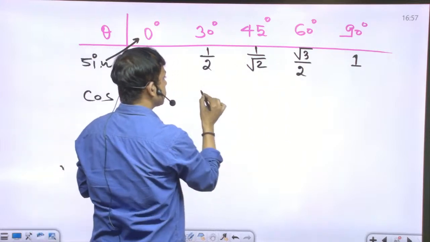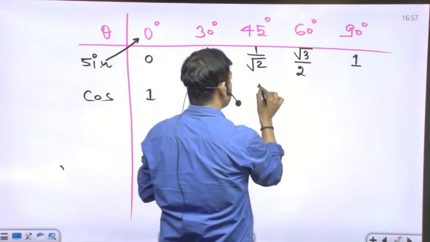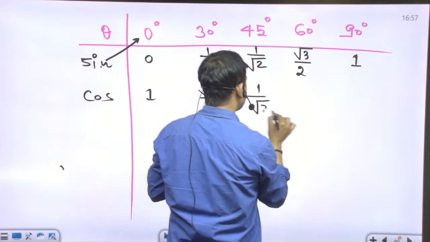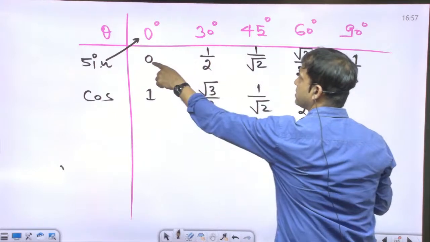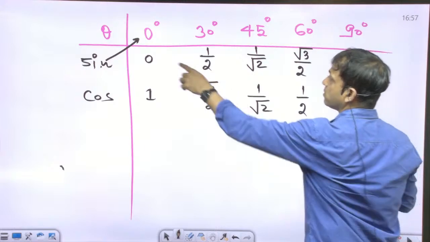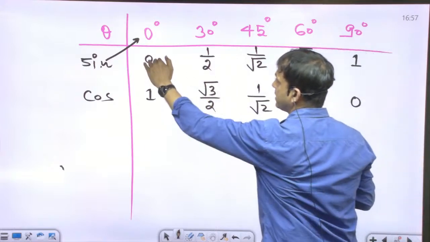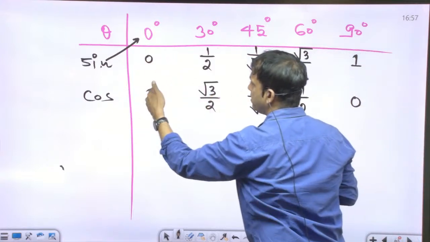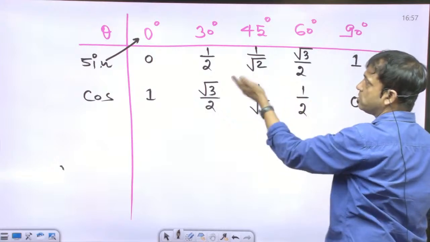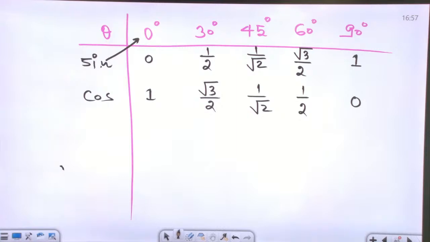Then 1 by root 2, then 1 by 2, and at last 0. So sine goes from 0 to 1 and cos goes from 1 to 0.